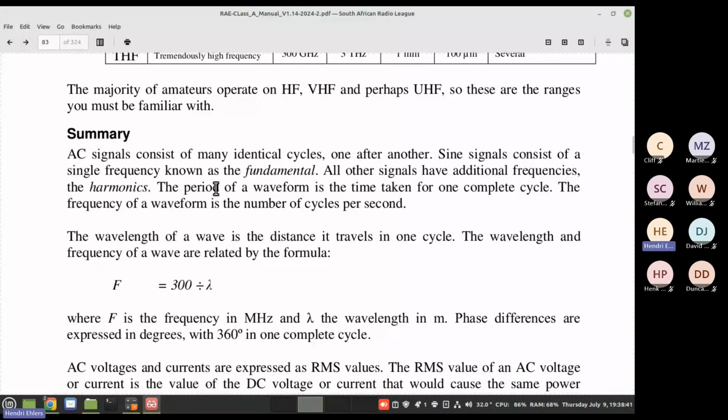In summary, AC signals consist of many identical cycles, one after the other. Sine signals consist of a single frequency known as the fundamental. All other signals have additional frequencies, the harmonics. The period of a waveform is the time taken for one complete cycle. The frequency of a waveform is the number of cycles per second.